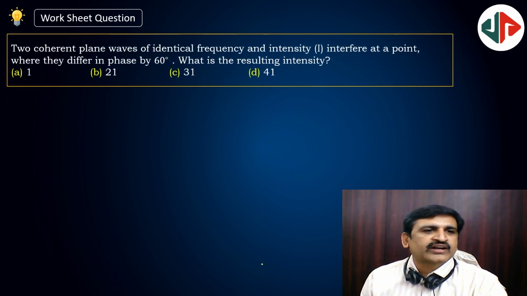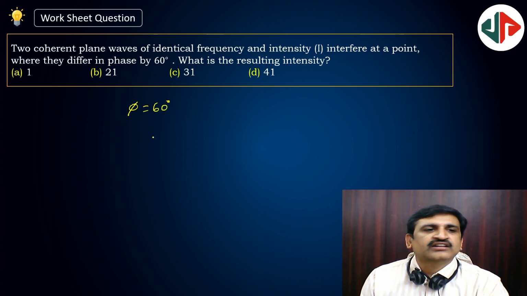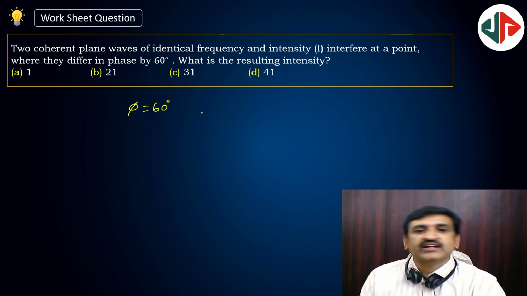Next, two coherent plane waves of identical frequency and intensity interfere at a point where they differ in phase by 60 degrees. Phase difference equal to 60 degrees. What is the resulting intensity? So two coherent plane waves, identical frequency and identical intensity.